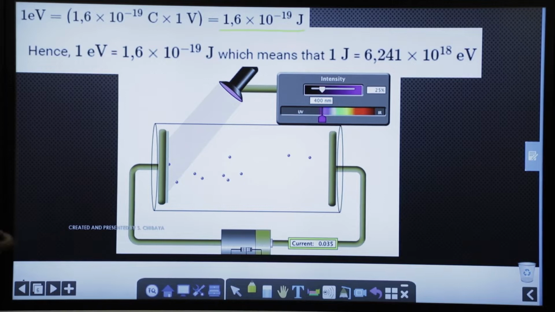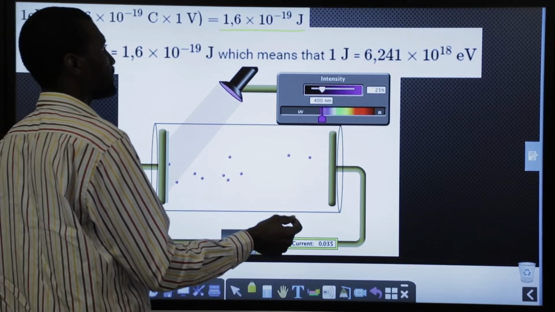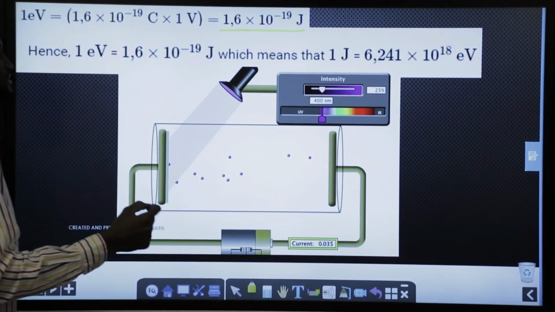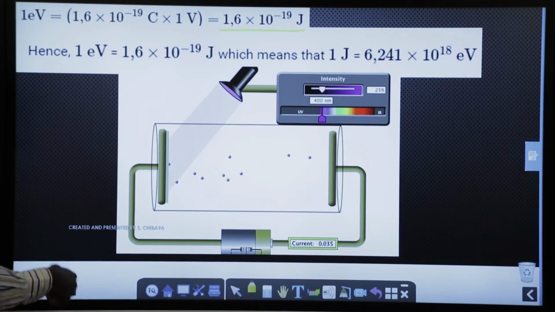Hence, 1 electron volt is equal to 1,6 times 10 to the power negative 19 joules, which means 1 joule is equal to 6,241 times 10 to the power of 18 electron volts.